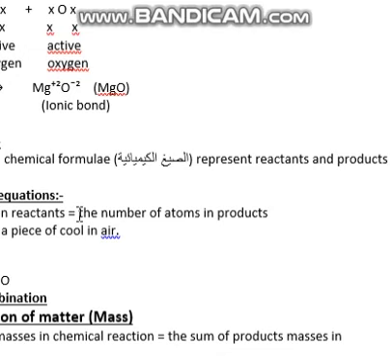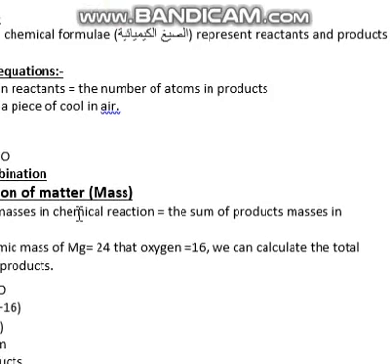This is before balance. You have two oxygen atoms in the reactant and one oxygen in the product. What happened? Put two in front of magnesium oxide and then two magnesium in the reactant. So you can solve this problem perfectly.